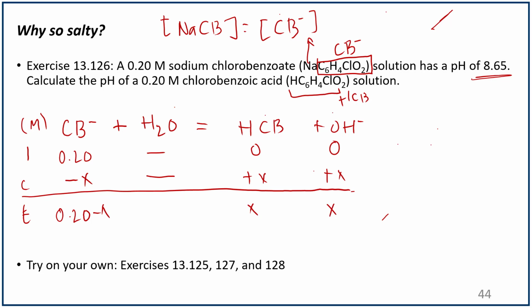Before we proceed, keep in mind that you have a pH of the solution which is 8.65. Remember that the pH tells you the concentration of hydronium ions.